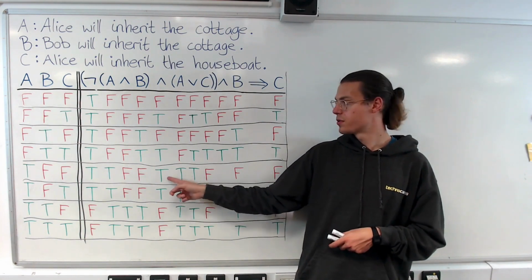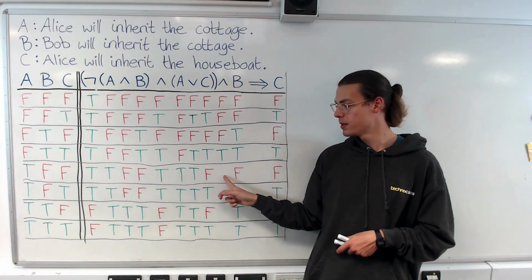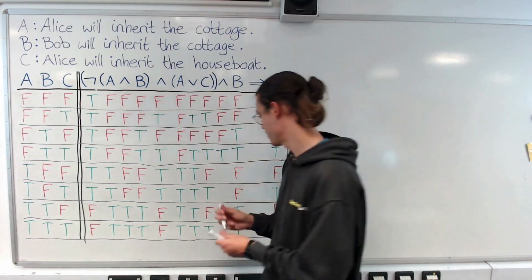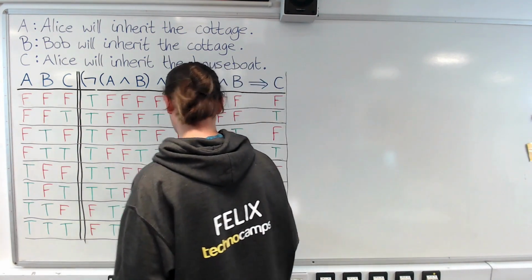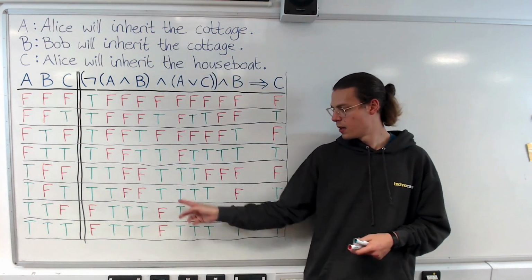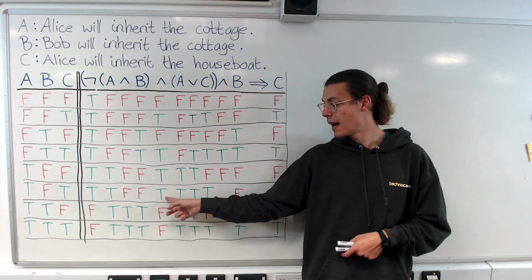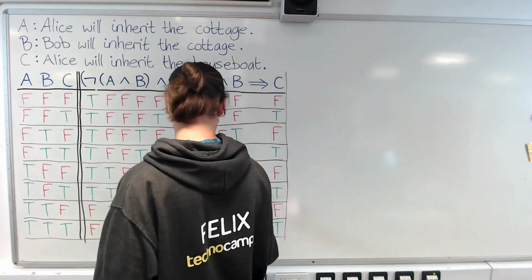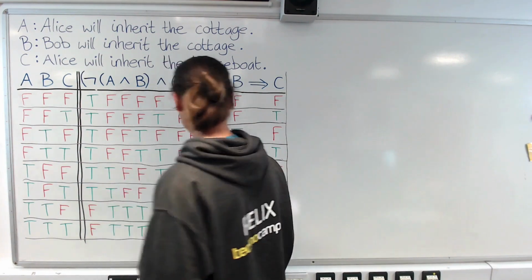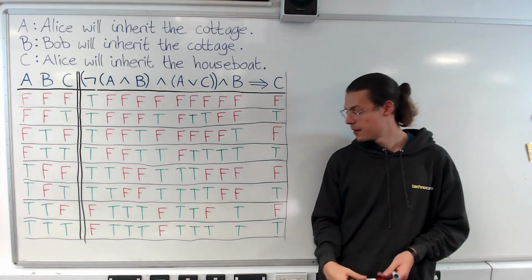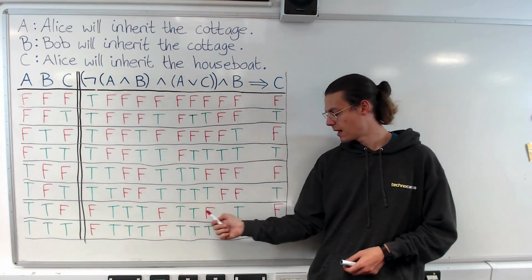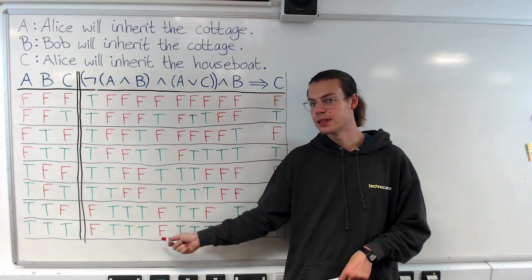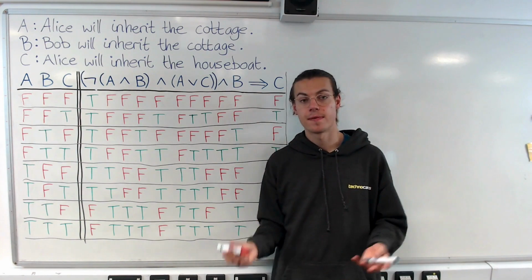Then we have true and false, which is false. Followed by true and false, which is again false. And then the last two rows, false and true, and again false and true. These are both false.